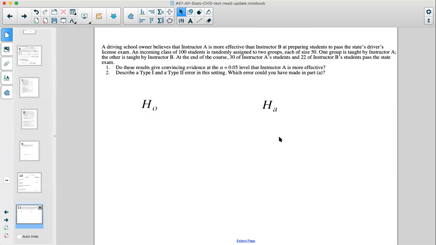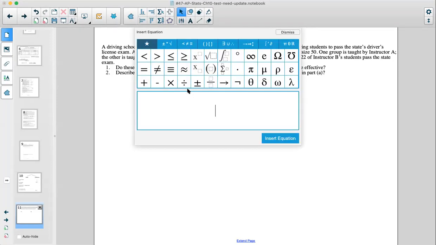But if we are comparing two samples, we have to state the mu sub A, that's the percentage of mu sub A. So let me write down mu sub A minus mu sub B equal to 0.